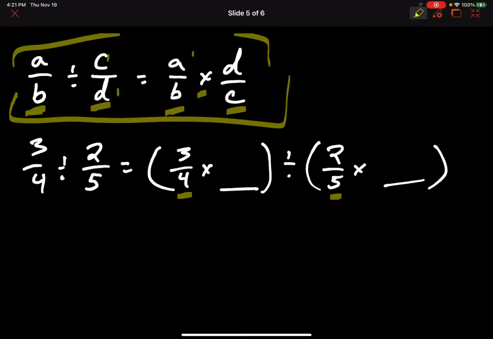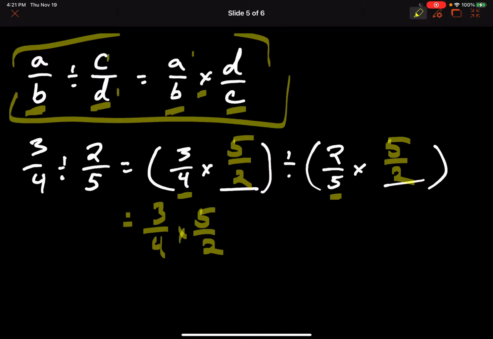So I am going to multiply by the reciprocal of 2/5 and the reciprocal here of that same. So what happens is I have 3/4 times 5/2, and that's going to be divided by 10.